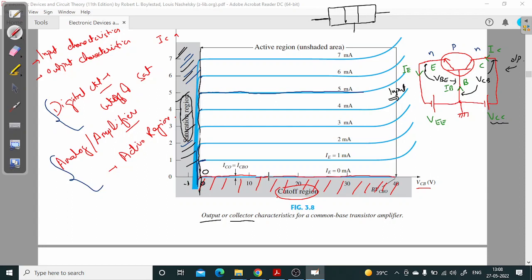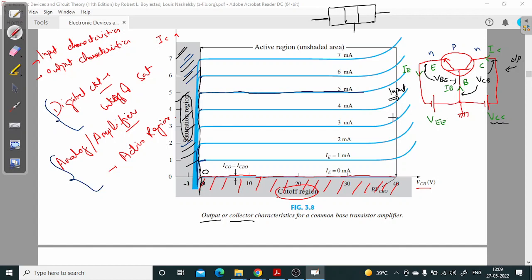So with respect to VCB, the value of IC is not changing, it's essentially constant. So it means that output voltage change does not have any impact on the output current for a sufficient range: 0, 10, 20, 30, 40. Okay, this is the 40 voltage mark.